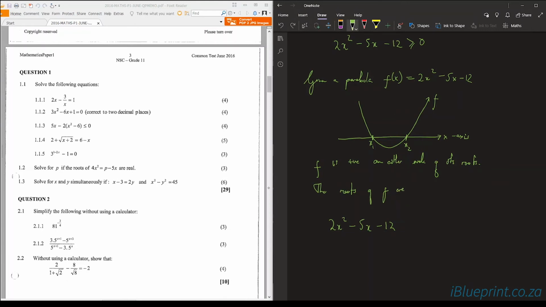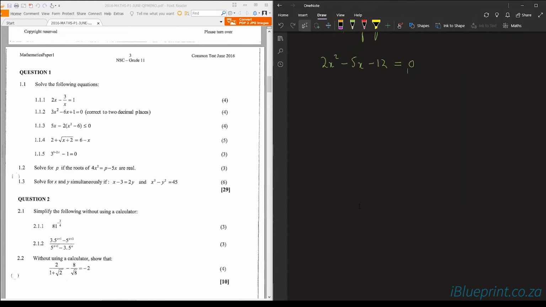For getting the roots, we want the points where it is equal to 0. Okay. And if we now solve this quadratic equation, what do we get? We get the roots. So we're looking for 2 numbers whose product is 24, whose difference, because this is a negative, is 5. In fact, minus 5.